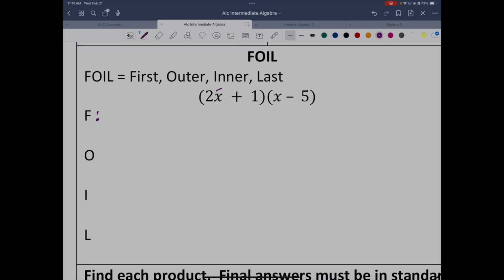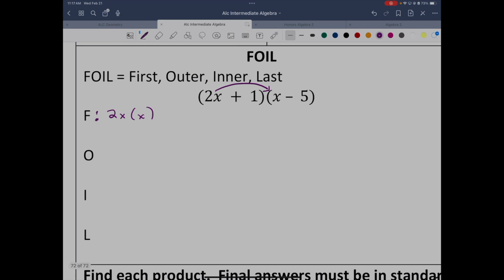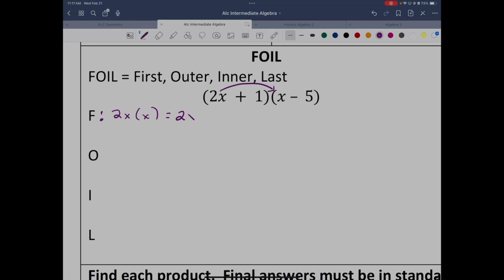So you'll see a lot of arrows being drawn when people use F.O.I.L. This means that I'm going to multiply the first terms by each other. So I'm going to take 2x and multiply that by x. When I take 2x times x, the result is 2x squared. That's what the F stands for, the first terms.